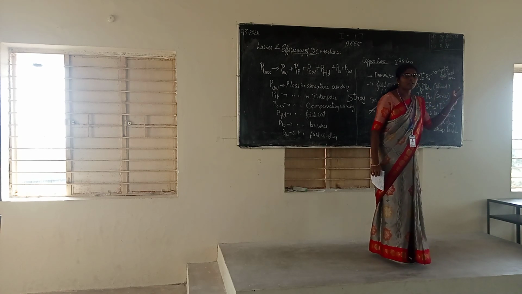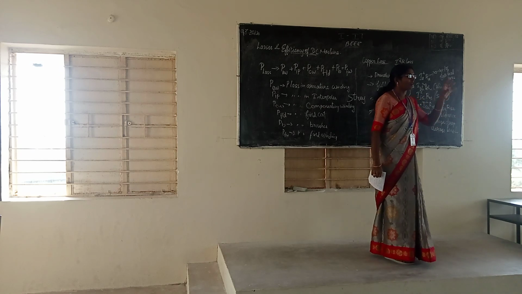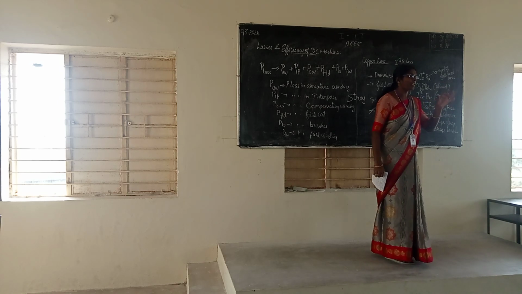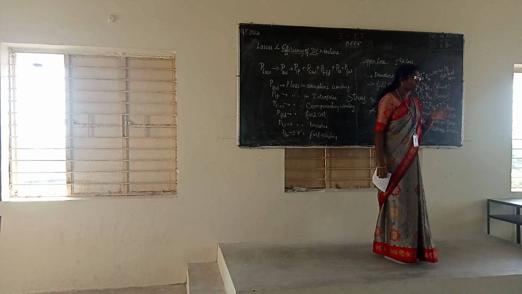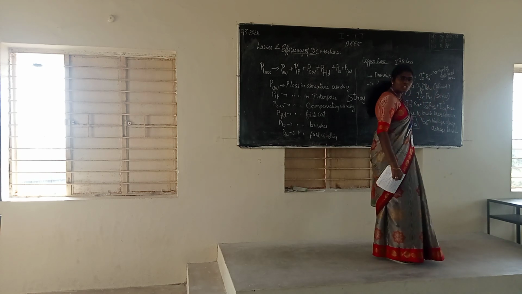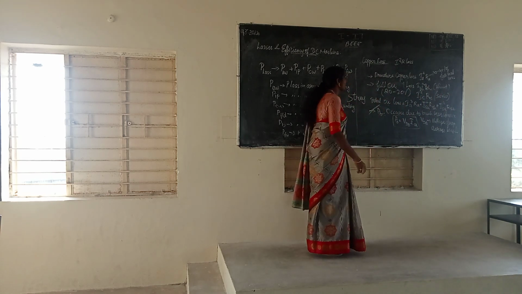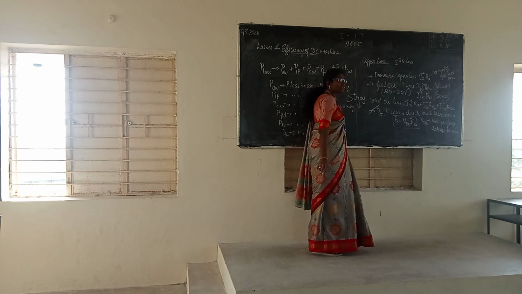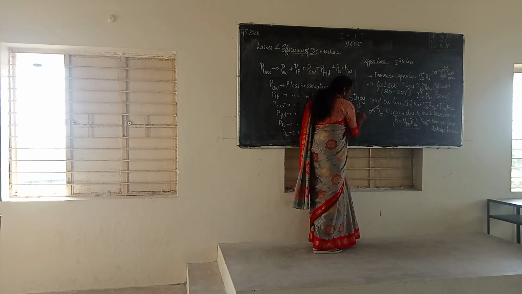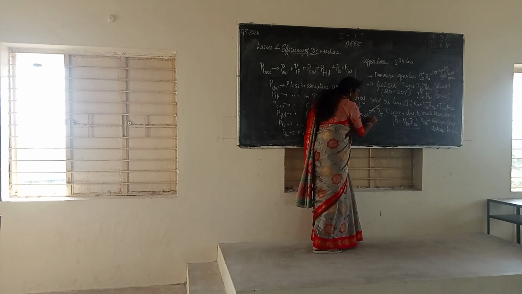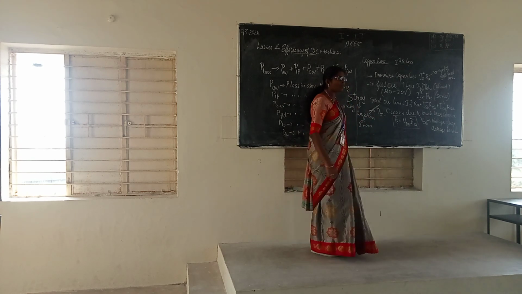Machines are made up of what? Iron. While currents are flowing, there will be some losses in the iron also, right? So the friction loss as well as the iron loss together is said to be what? Stray loss. If asked to define stray loss, what do you have to say?